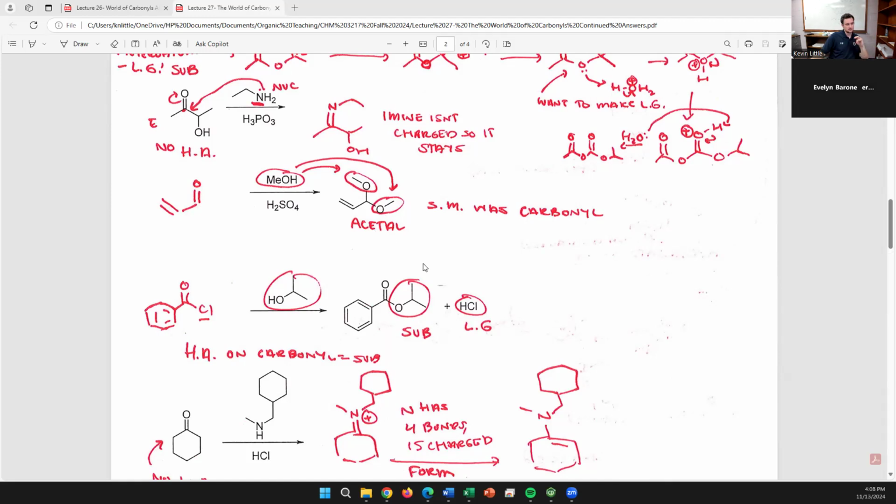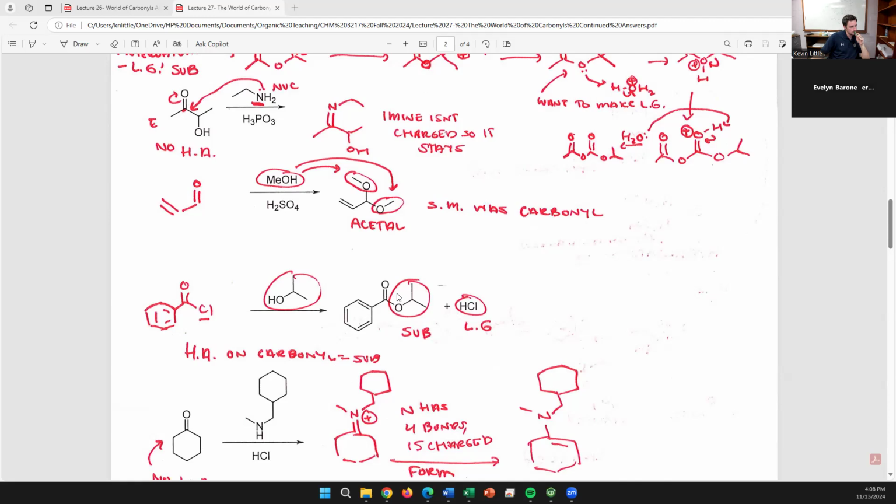We call that an acetal. But wouldn't that oxygen that was in the original carbonyl eventually end up leaving, acting as a leaving group? It leaves as water eventually. So yes, it does. This oxygen has to be replaced.